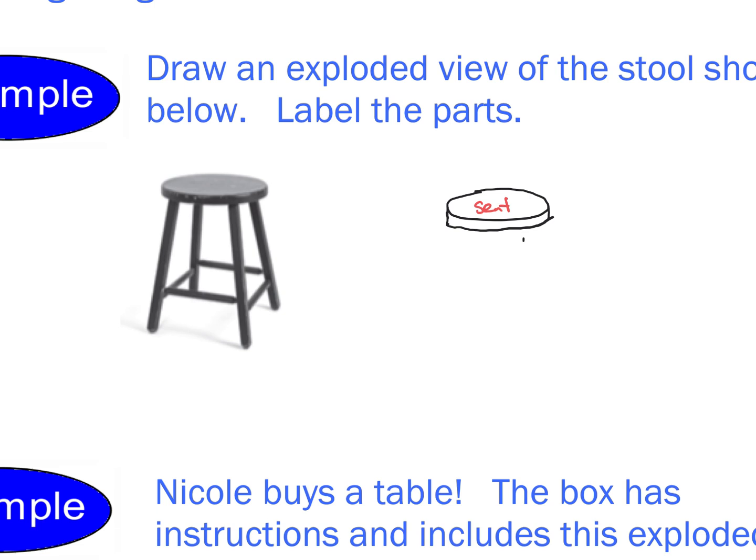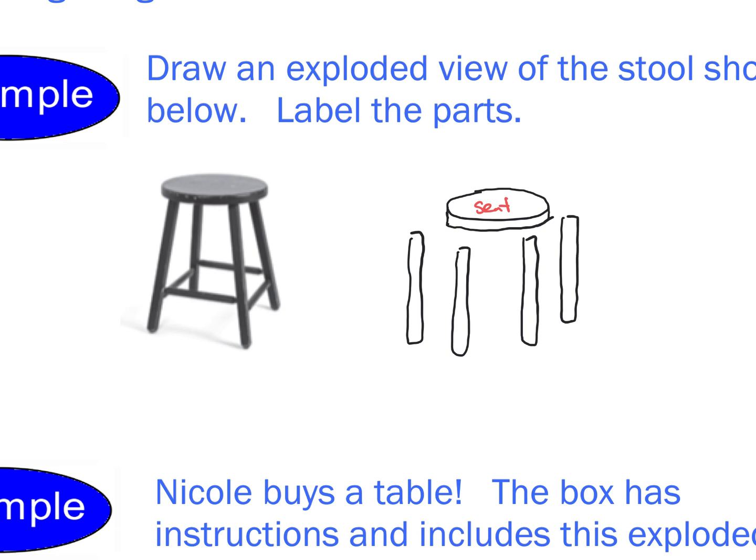So here's a leg. Here's a leg. Here's a leg. I don't know, maybe I'll put one over here. Here's a leg. And we'll put legs. I'll label these two, and then I'll put legs and label those two.